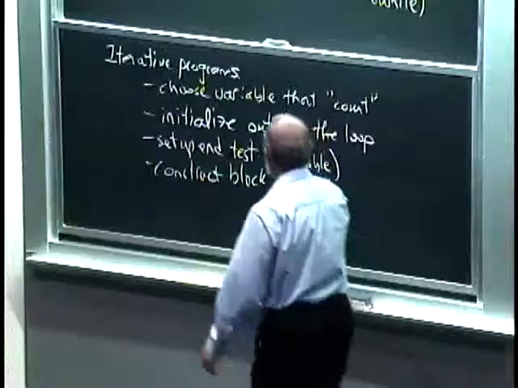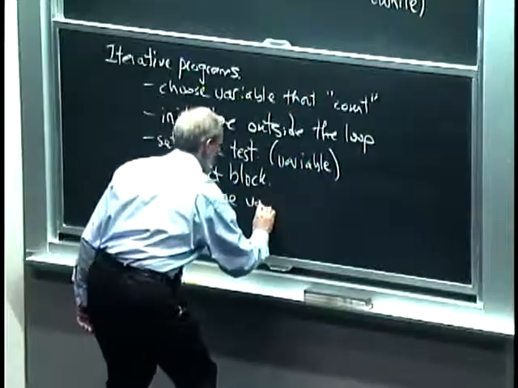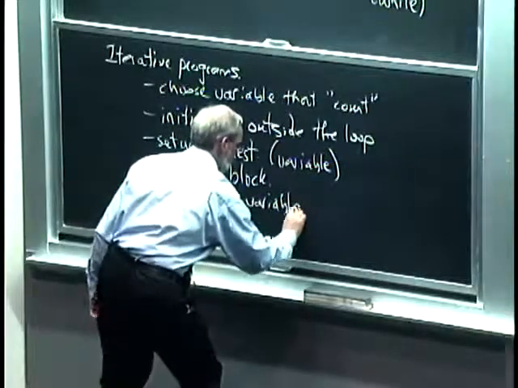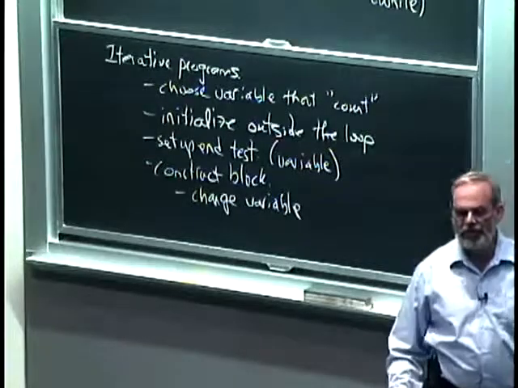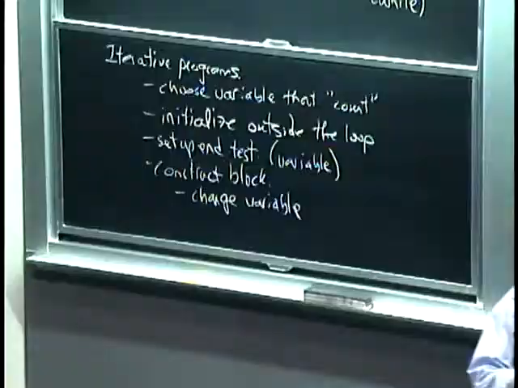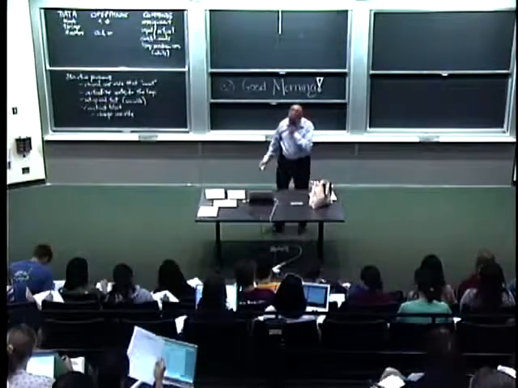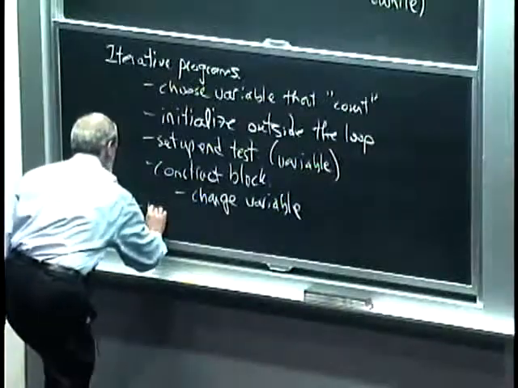And inside of here, I better be changing the variable. If that variable that's counting is not changing, I'm going to be stuck in an infinite loop. So I ought to expect somewhere in there a change of that variable. All right, and then the last thing I want to do is just decide, what do I do when I'm done?